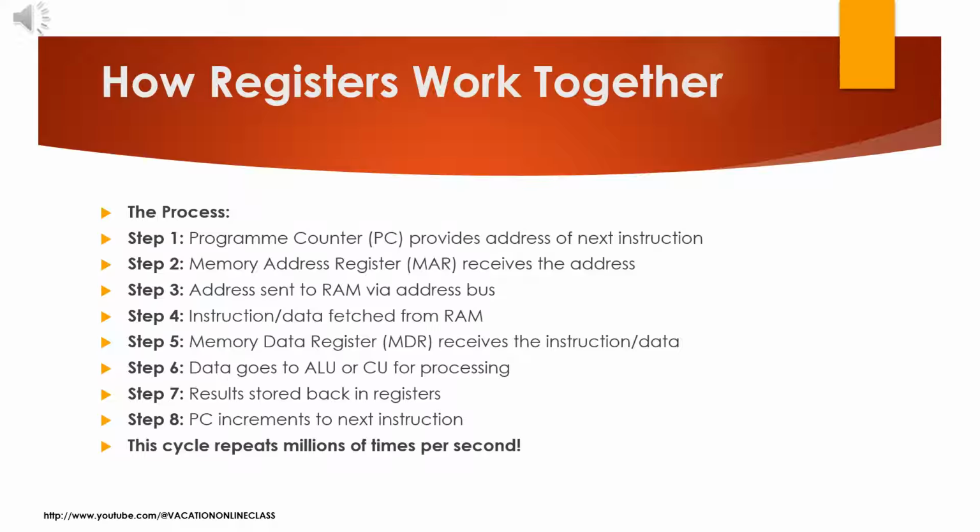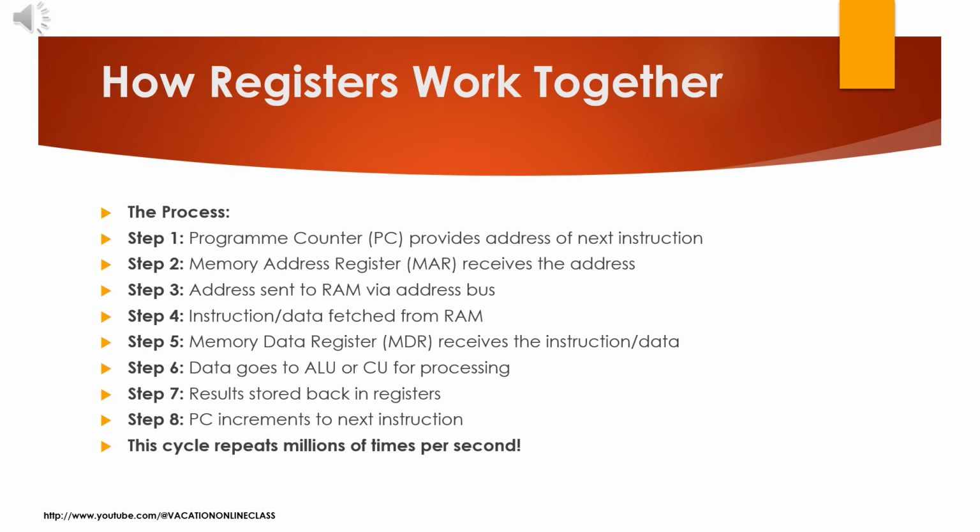In steps 2 and 3, the memory address register receives that address and sends it out to the RAM via the address bus. It's essentially telling the memory, I need the information located right here.